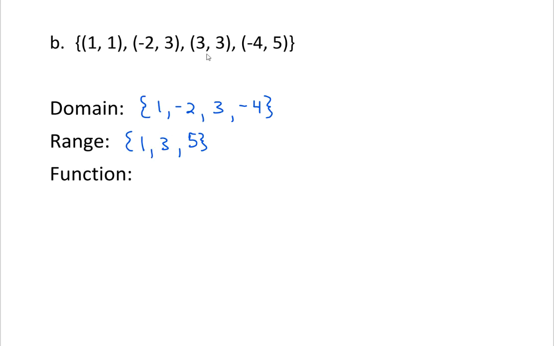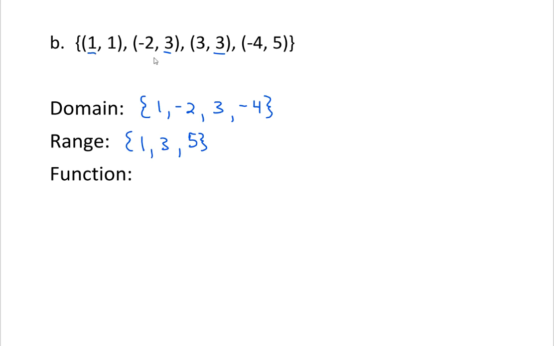Well, earlier we had the 5 in our domain, and it corresponded with two different numbers. Here we have 3 and 3, but these are members of the range, not the domain. So it's okay if the range is repeated, we just can't have our domain repeated. And our domain doesn't repeat.